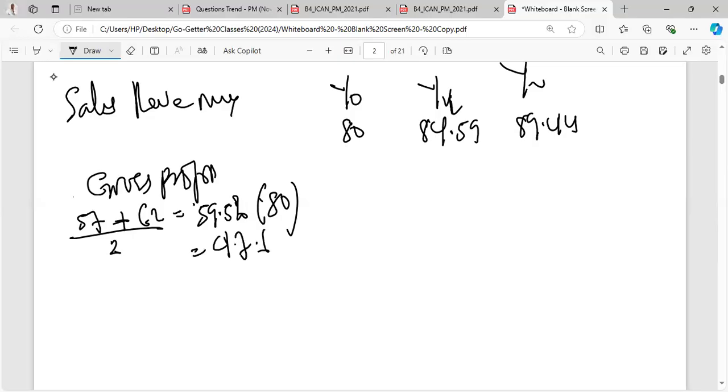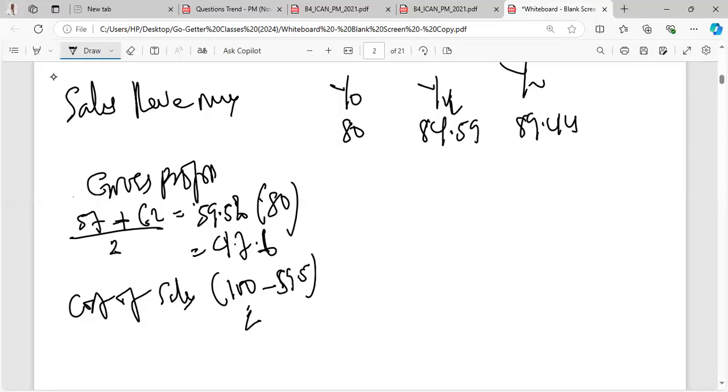47.6. So it means that our cost of sales is 100 minus 59.5, which is 40.5. So this is like 40.5%.